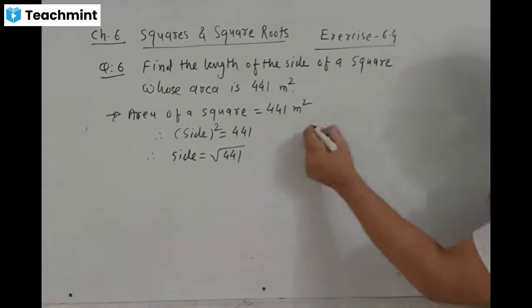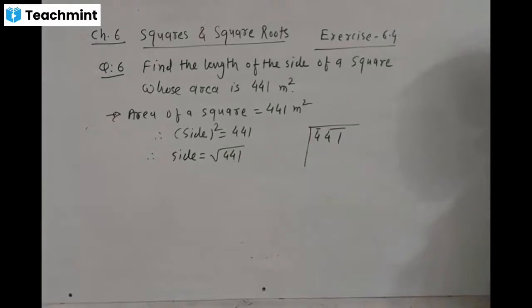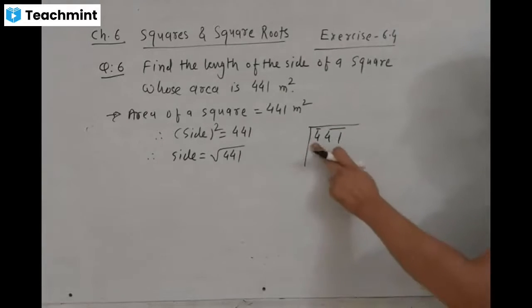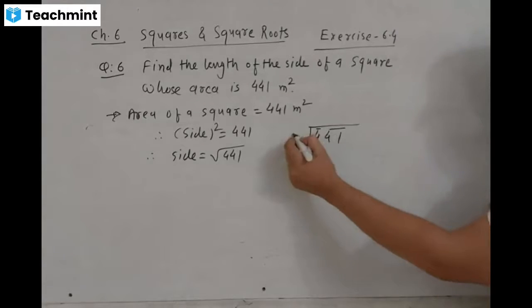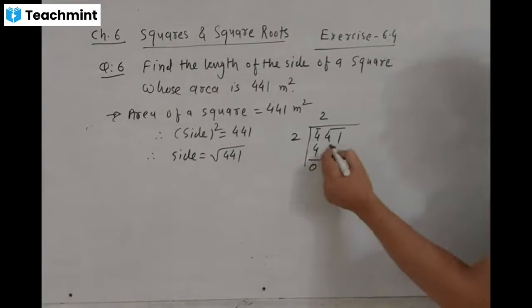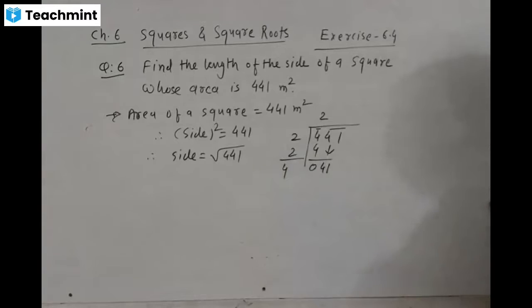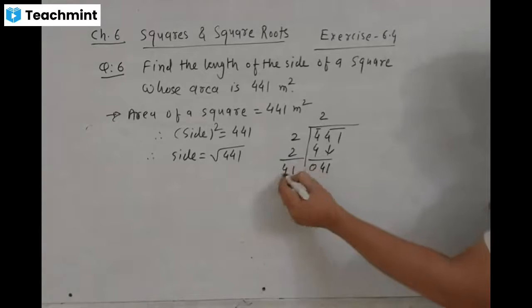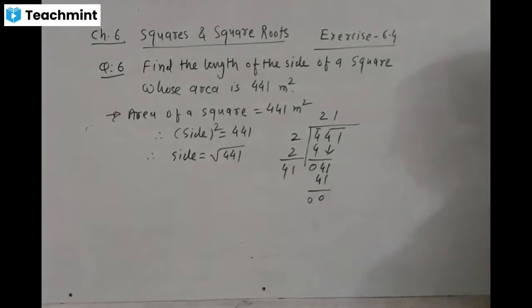Square root of 441 by the long division method. Here we find the smallest perfect square number which is less than or equal to 4. So 2 twos are 4. Yes or no? The remainder is 0. Bring down 41, and 2 added to this 4 gives 41. Therefore, again the remainder is 0.